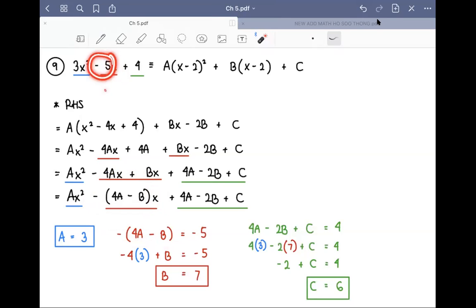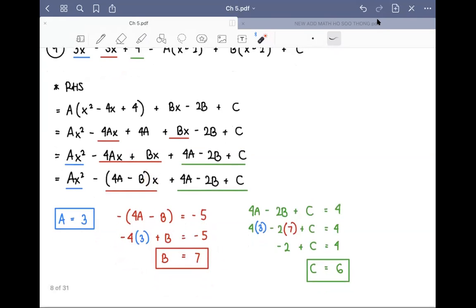So we compare it to that. That's how I got negative 4a minus b equals negative 5. Again, I have compared the coefficient of x. So solving for b, since we know the value of a already, it's 3, so it became 3 here. So solving for b, b is equal to 7.